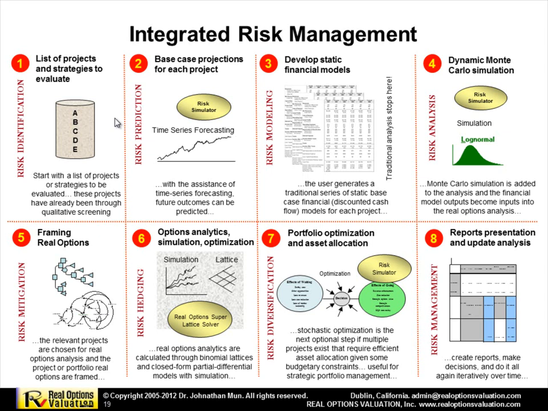Now, step 8 also, the last line says, do it again iteratively over time. What that means is 1 to 8 is not a one-shot deal. You don't just do 1 to 8 and be done with it. Projects usually go for multiple years, 5, 10, 20, 30 years sometimes.